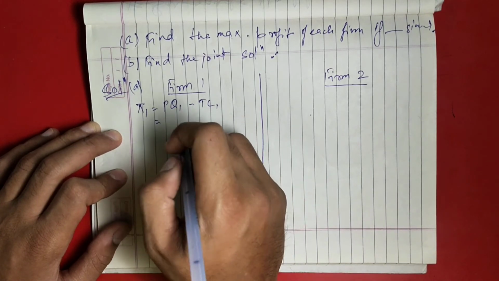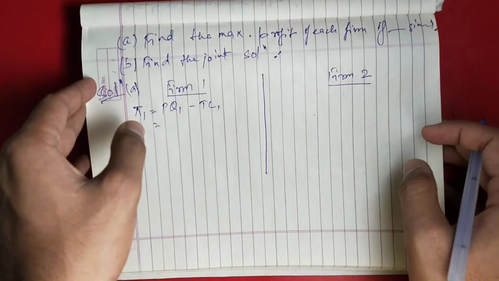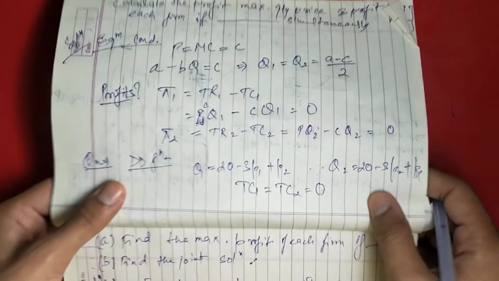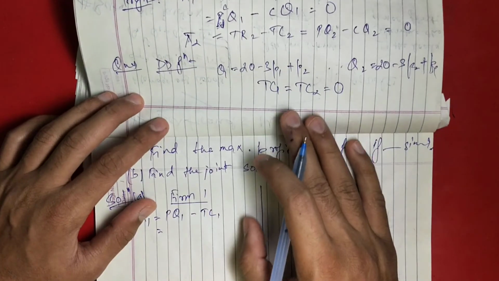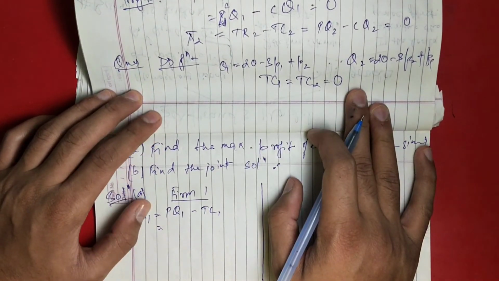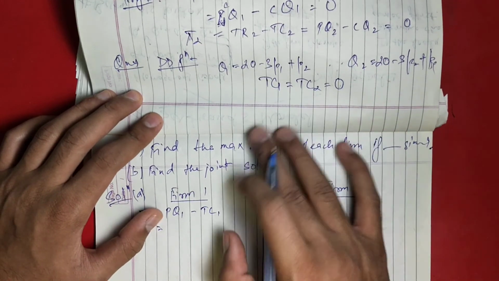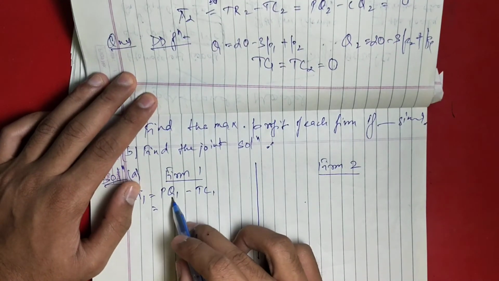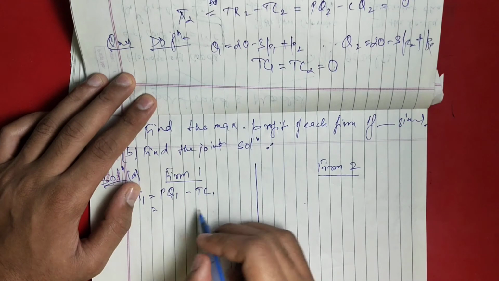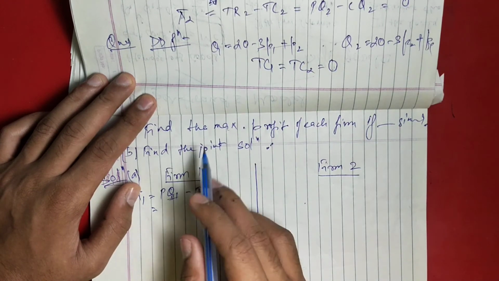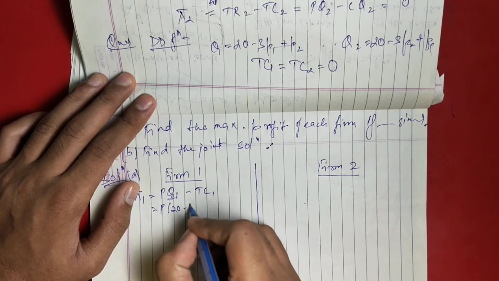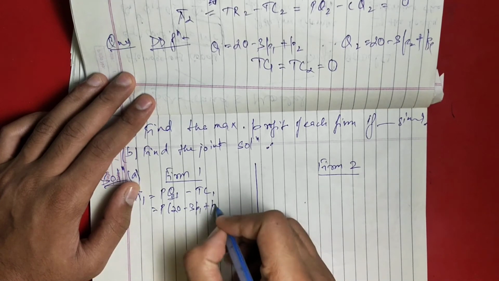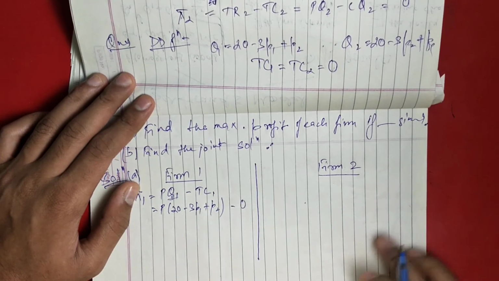You have been given the demand function for firm 1, so just substitute it for Q here: P1 times (20 minus 3 P1 plus P2) minus 0.